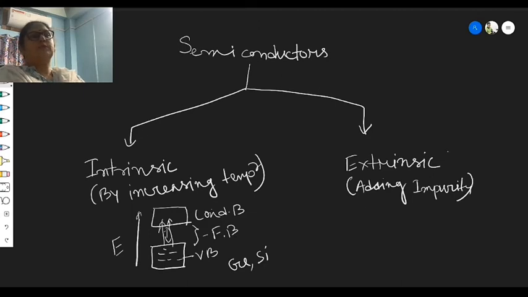But if we add some impurity in a semiconductor like germanium and silicon, then the conductivity of the semiconductor increases, and this increase is more, and we can use it in practical use.